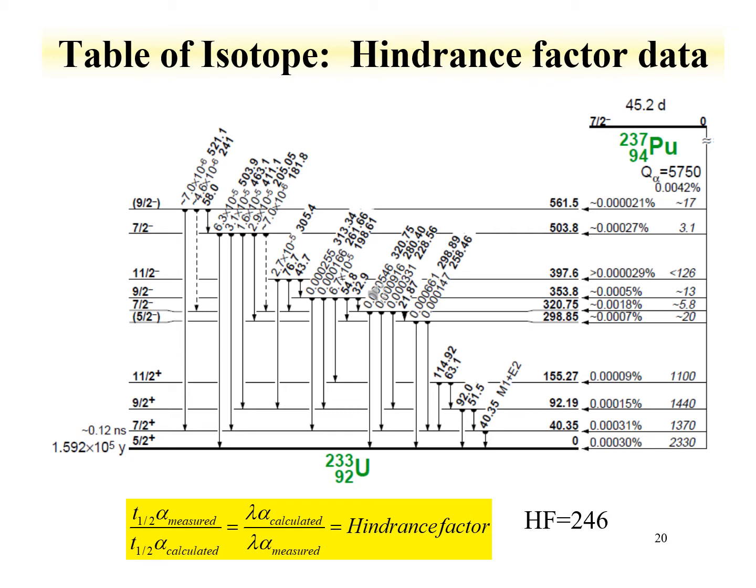And we see that these hindrance factors range from 3 to over 2,000, and our value of 246 is midway, not very indicative of any specific decay branches, but an average area, not a particularly strongly correlated result.